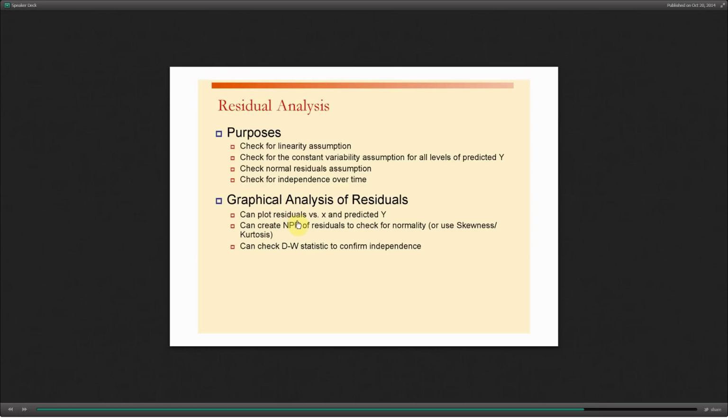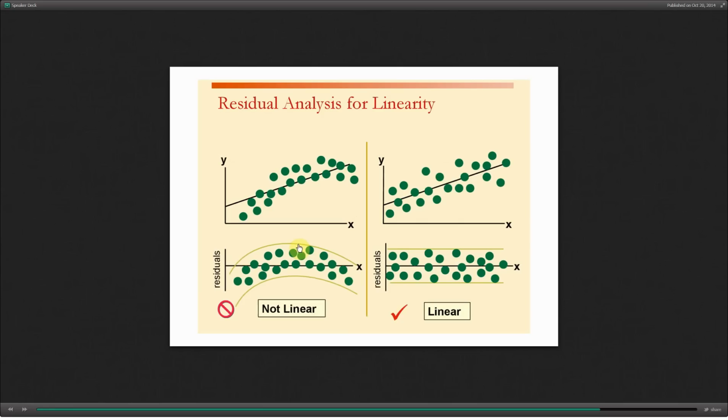One of the things we're going to look at is plotting the residuals, the errors, versus x and versus the predicted y, and what that tells us. Creating a normal probability plot of the residuals to check for normality, or we can use the skewness or kurtosis rule of thumb. But of course, if this fails, then we might look at the Durbin-Watson statistic to look for independence over time.